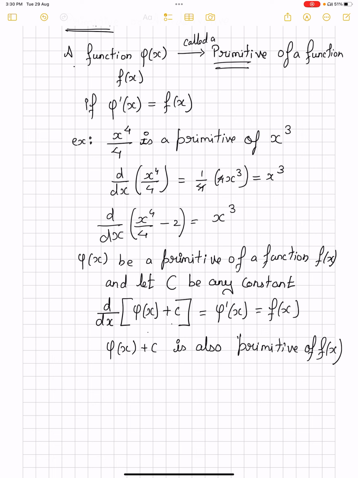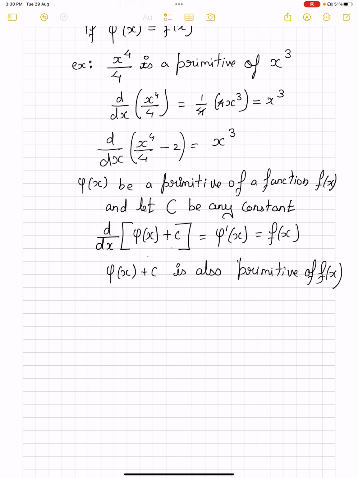That's the reason we introduce a constant c. So in this process, as you would have observed, we have infinitely many primitives contained in the expression. Let me take a simple example and explain it to you once again.